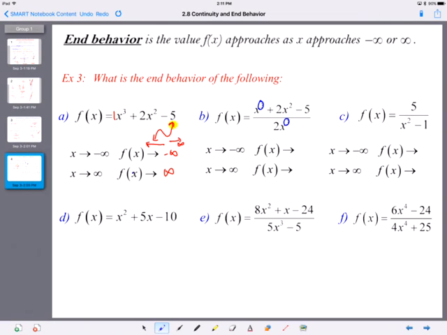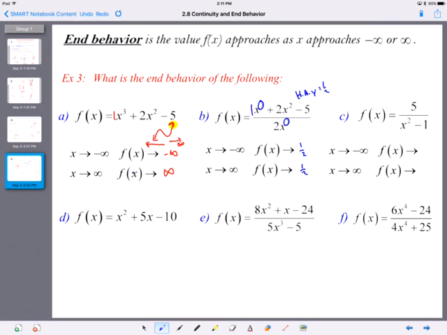So your horizontal asymptote is at 1/2. So as x gets really large, by definition of an asymptote, for the horizontal one, y gets closer and closer and closer to 1/2. And so as x approaches negative infinity, it goes to 1/2, and as x approaches infinity, it goes to 1/2.